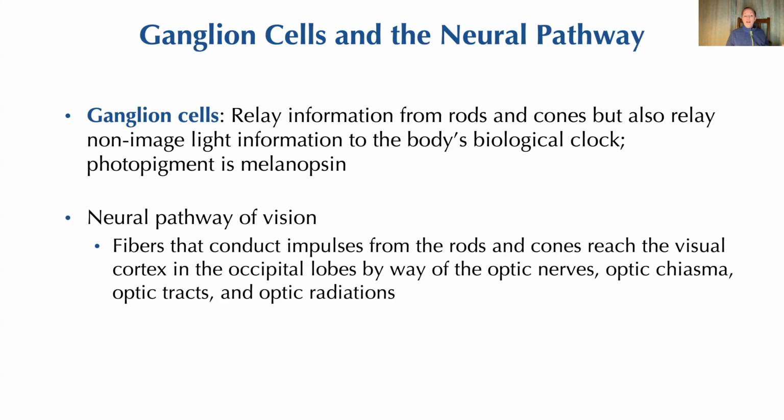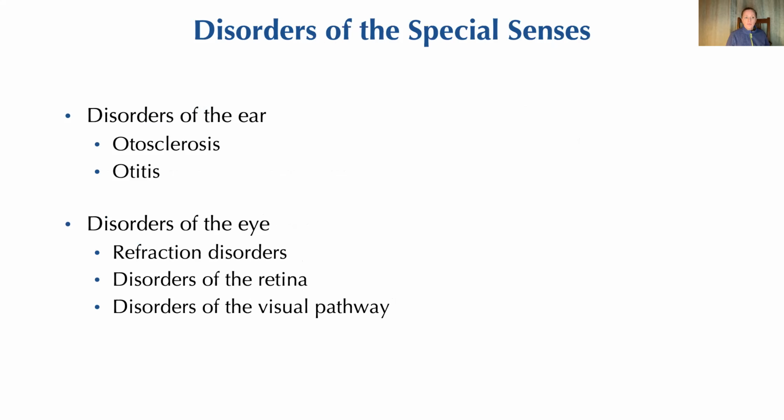The neural pathway of vision will be that these fibers from the rods and cones go to those bipolar cells, to the ganglion cells, and then that optic nerve, cranial nerve number 2, will travel, some to each side, but some will cross over at the chiasm, and they'll go from the optic nerves all the way back through the optic tracts to the occipital lobes in what's called the optic radiations.